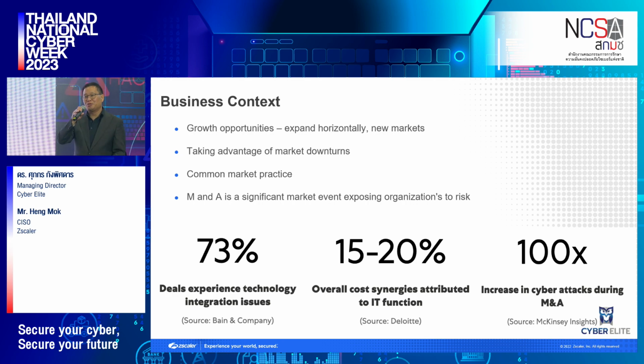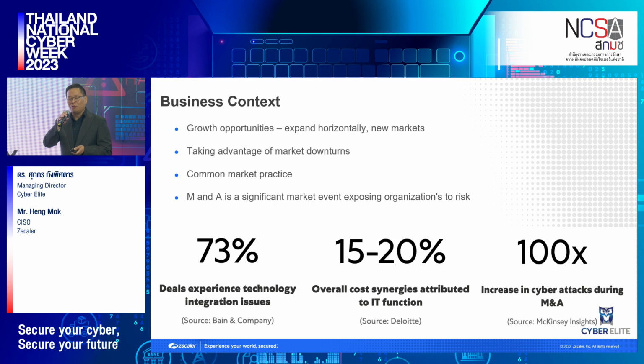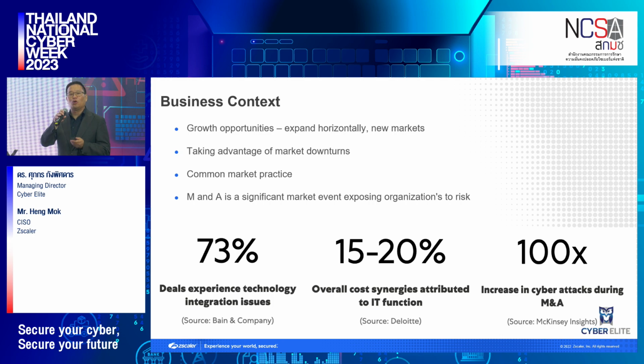Those organizations which are cash rich are going to be looking at how they grow and how they acquire, because it's the best point to acquire other organizations at a good price point. The other thing that we've known is that mergers and acquisitions are a significant risk event for cyber teams. Whenever there is a merger or acquisition, there's generally a heightened level of risk for the organization which has to integrate that new organization.